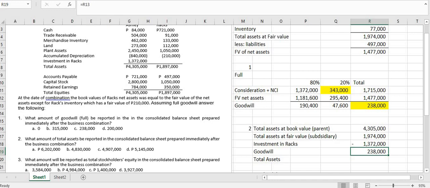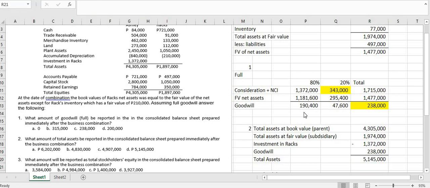Therefore your total assets is the total assets at book value of the parent, plus total assets at fair value of the subsidiary, less the investment in Rocks, plus the goodwill. This will be your total assets.